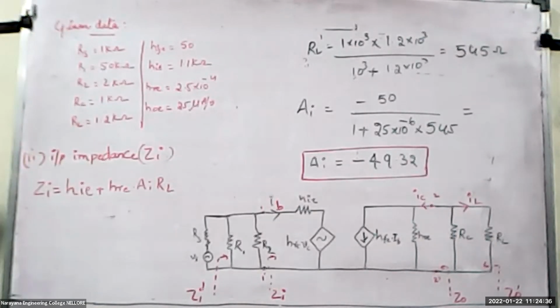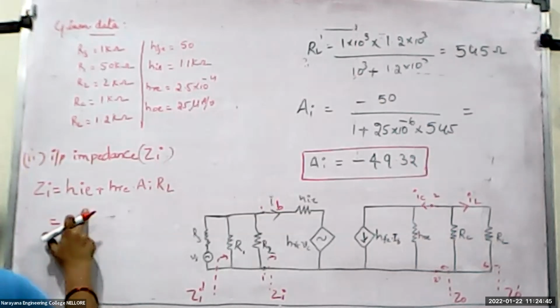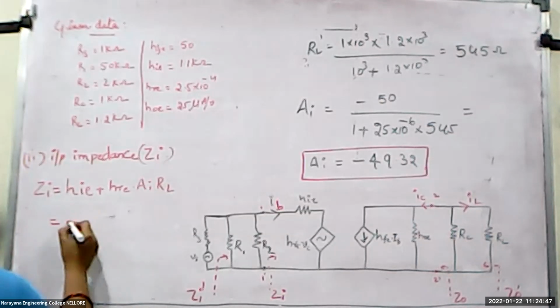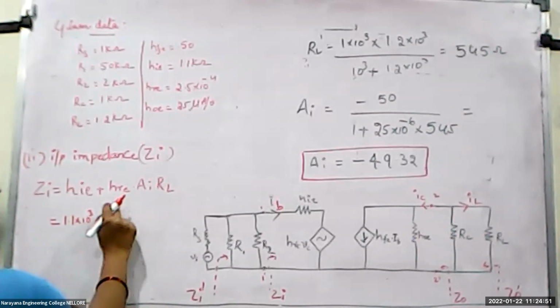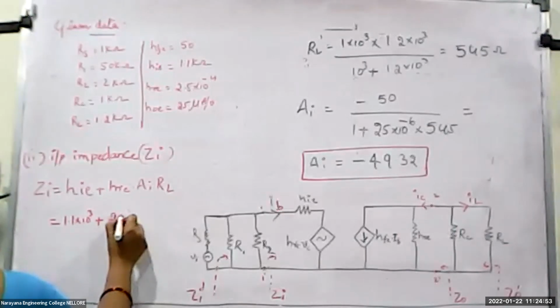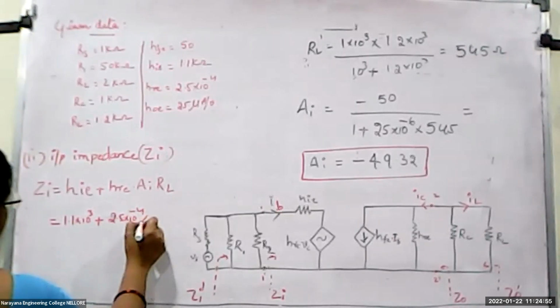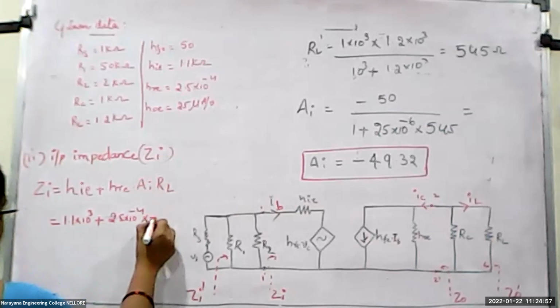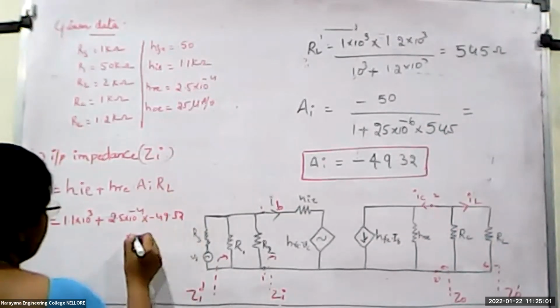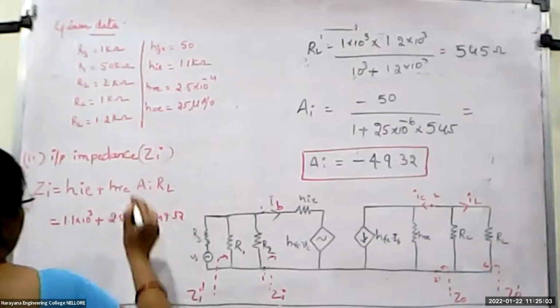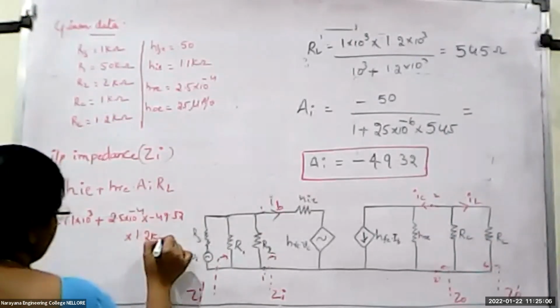Substitute hie value as 1.1 into 10 to the power of 3 plus hre 2.5 into 10 to the power of minus 4. AI you can get as minus 49.32 into RL. What is RL value? 1.2 kilo ohms.